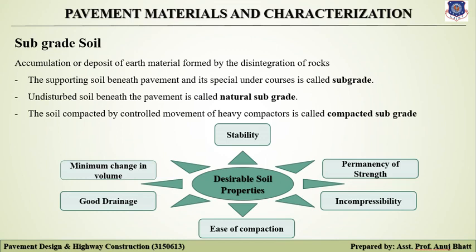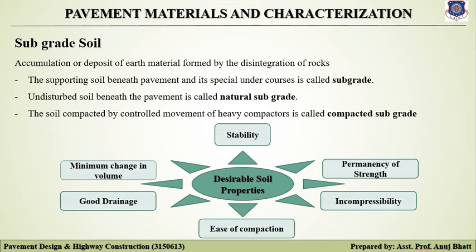The supporting soil beneath the pavement and its special under-courses is called subgrade. Undisturbed soil beneath the pavement is called natural subgrade, and the compacted subgrade is the soil that is compacted by controlled movement of heavy compactors.